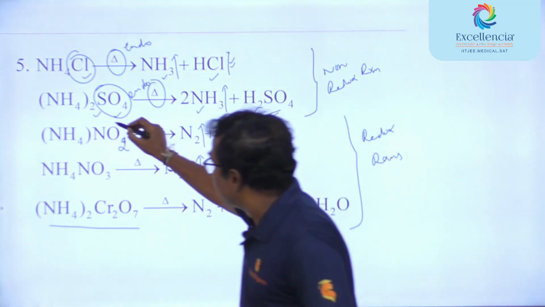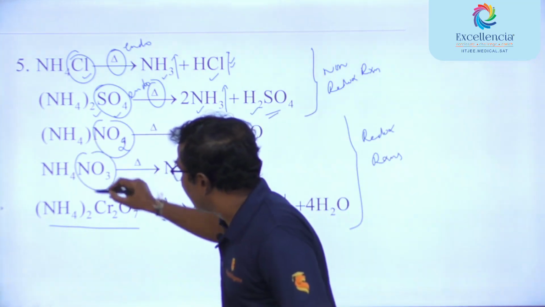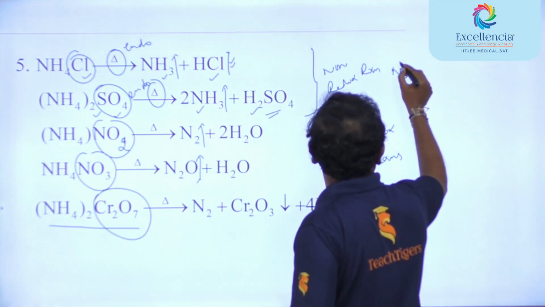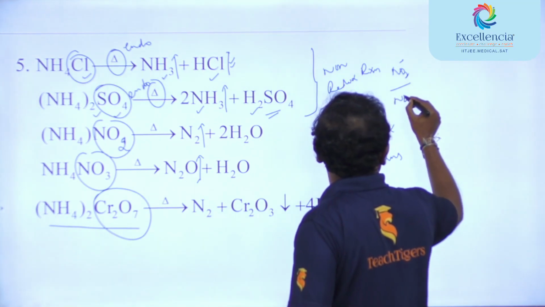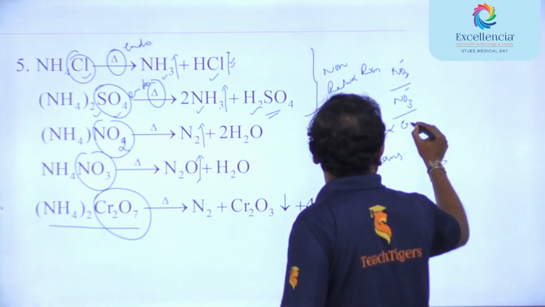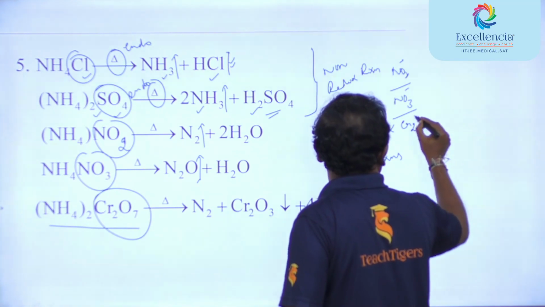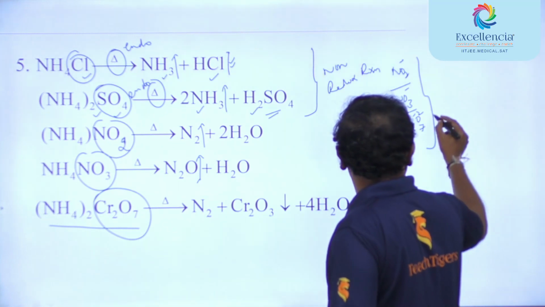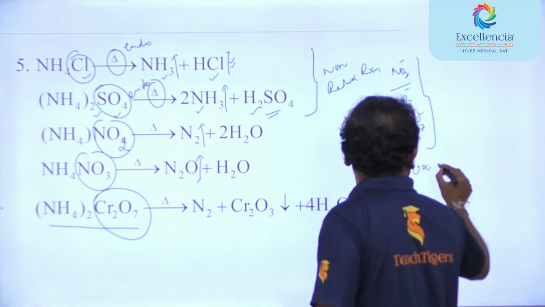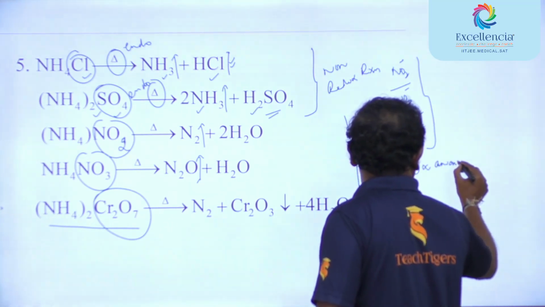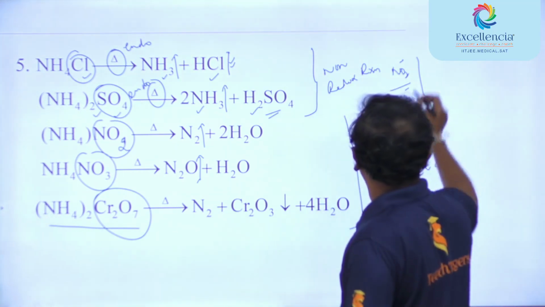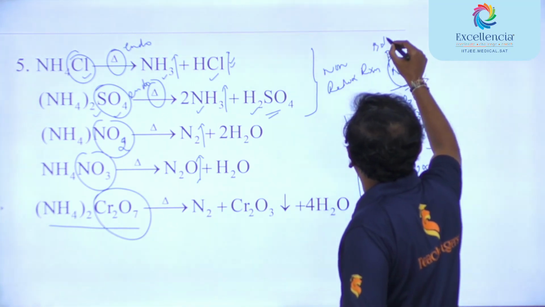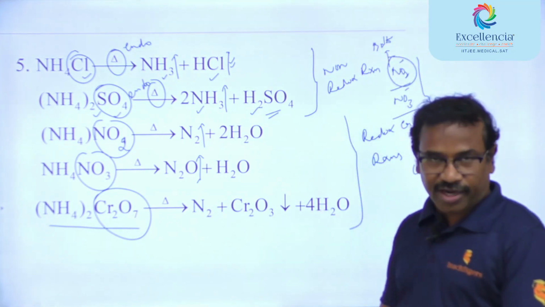However, nitrite, nitrate and dichromate are definitely oxidizing anions. In fact, nitrite is both oxidizing and reducing.